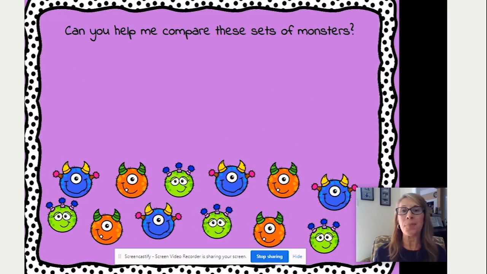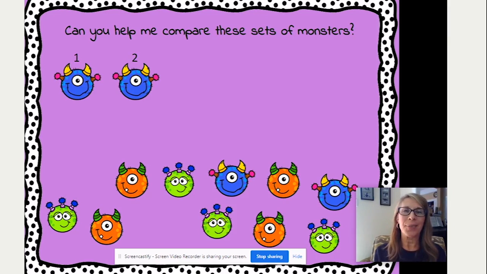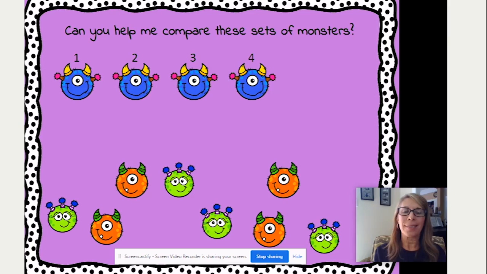Great job. Can you help me compare these sets of monsters? I'm looking at the monsters and I notice that there are blue monsters, orange monsters, and green monsters. It's much easier to count a group or set if you sort them first. Let's count the blue monsters first. Ready? 1, 2, 3, 4.